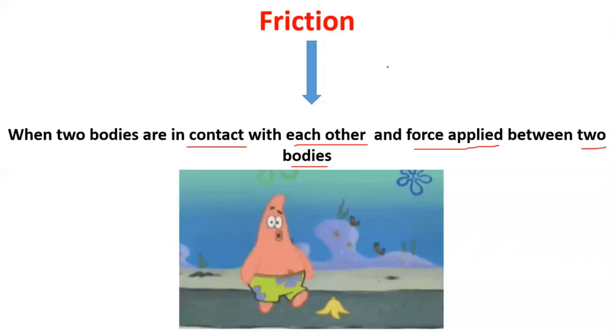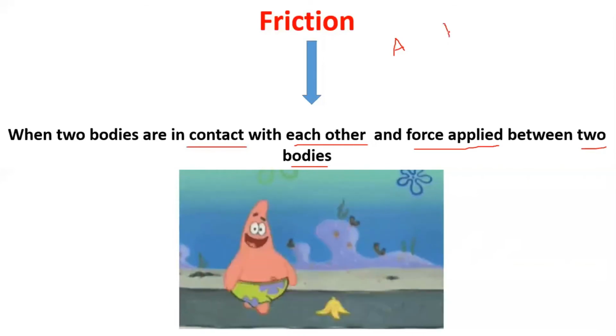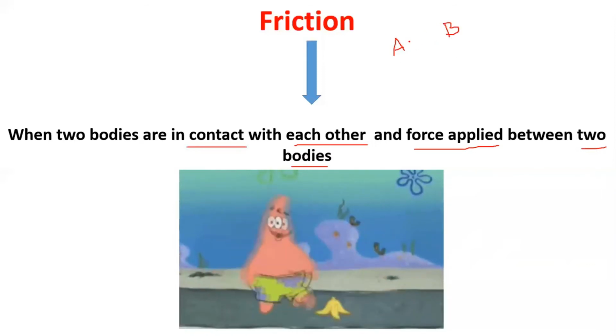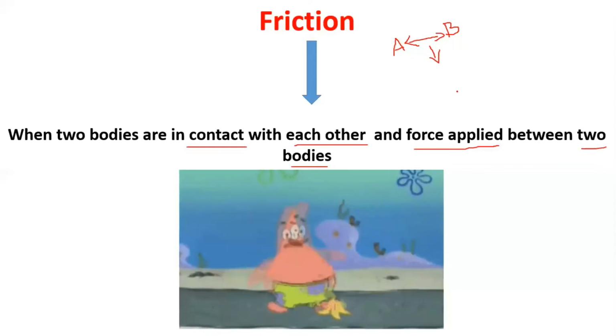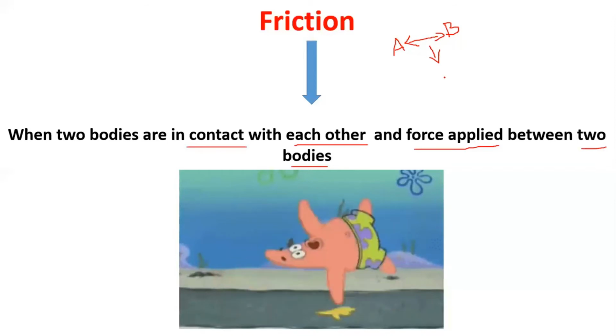If you take a body A and a body B, when these two bodies are in contact with each other, the force acting in between them is known as friction.